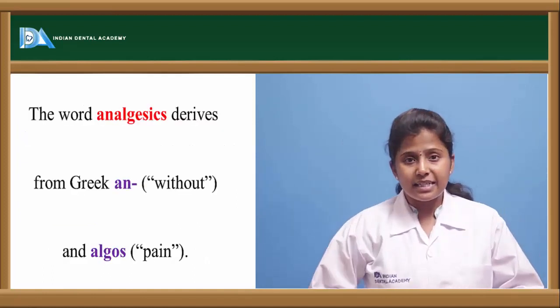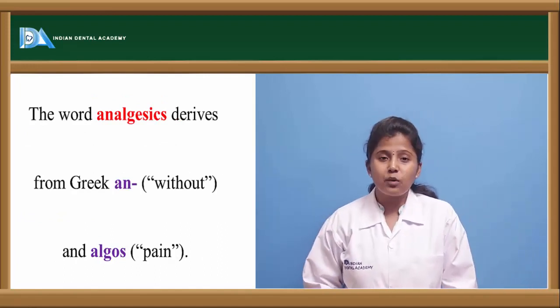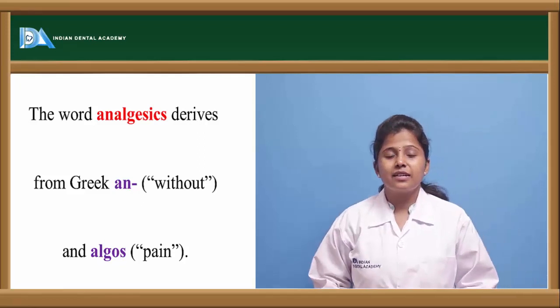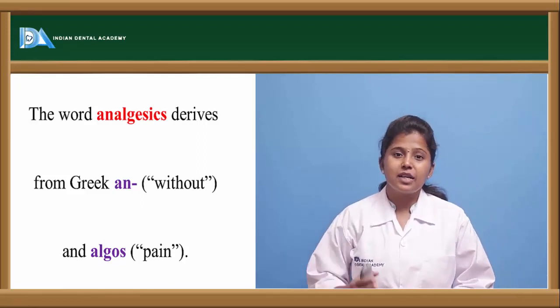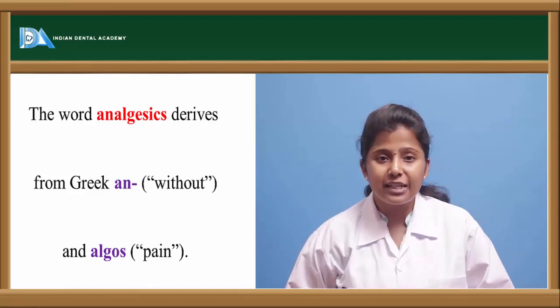The word analgesics is derived from a Greek word, where an means without, and algos means pain. So these are the drugs that relieve pain, or we can say they do not produce any sort of pain.